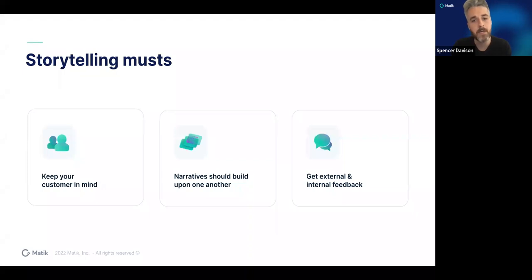The second is making sure your narratives tie together. We often talk about the importance of transitions in accounts, but it's also important to make sure that transitions between steps of the customer lifecycle match up. Narratives should build on one another, and they should tie back to one another. So what are the goals from the onboarding stage?